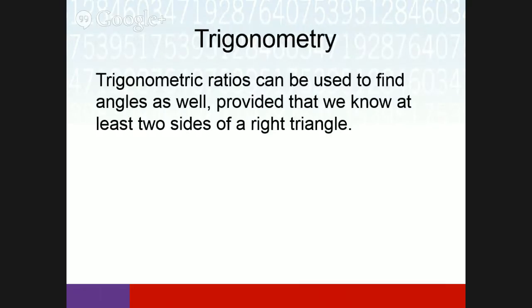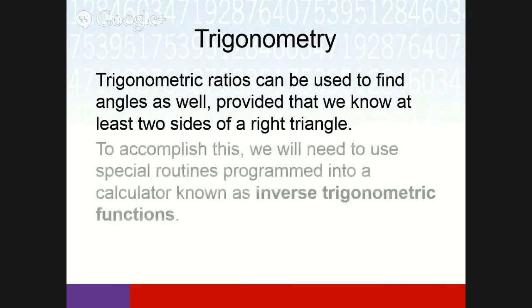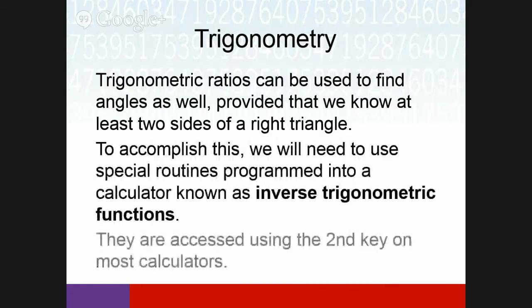Ratios can be used to find angles as well, so we can kind of go backwards. If we know the ratio, we can find the angle measurement. So in our calculator, probably close by sine, cosine, and tangent, we have inverse trigonometric functions. You might have to hit the second key, or it might be right above sine, cosine, tangent.